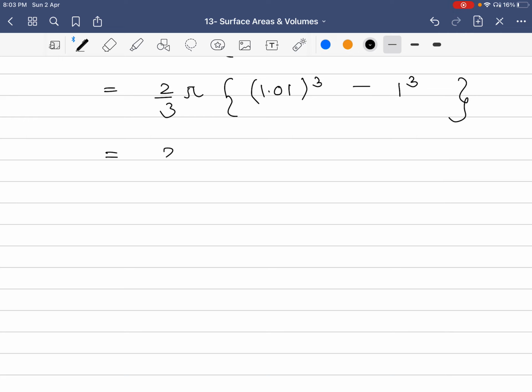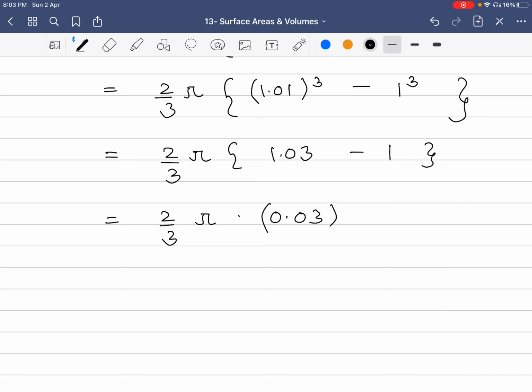So let's continue. This is 2 by 3 pi times 1.03 minus 1 cube, which is just 1. Now 1.03 minus 1 is going to be 0.03. So that is equal to 2 by 3 pi multiplied by 0.03.